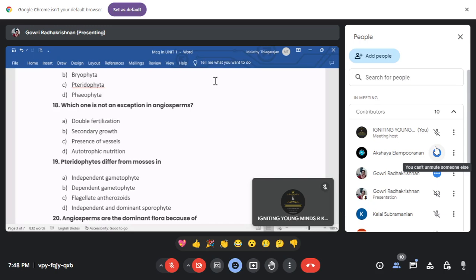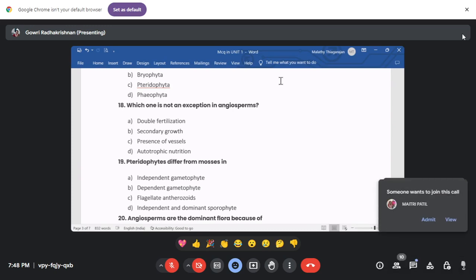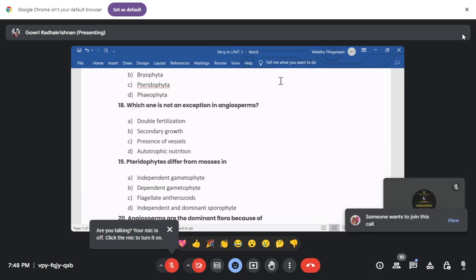Which one is not an exception in angiosperms? Presence of vessels, ma'am. Are you sure? We are talking about angiosperms. What is the distinctive characteristic feature of angiosperm? Immediately, when they say angiosperm, it should come to your mind. Double fertilization, ma'am. Double fertilization, that's the answer. Can you tell me what is double fertilization? So fusion occurs twice, once to form the embryo and the other time to form the endosperm.